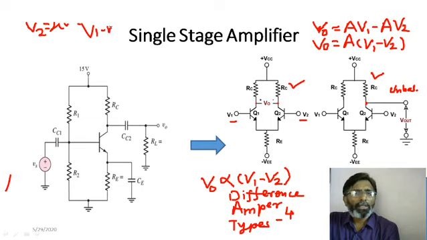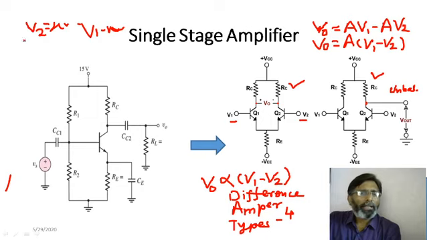Then in that case, in this expression, if I put those values, then what we will be getting? If my V1 is 0, my expression for VO will be minus A into V2, because V1 is 0. So, my VO will be this.